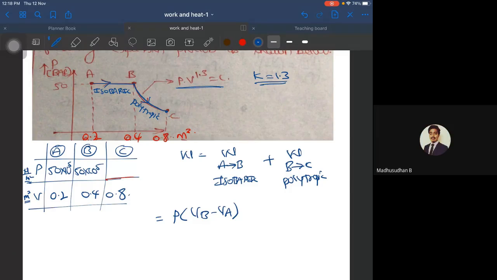Yes, sir. Okay. Now, what is the work done expression from 1 to 2, which is polytropic? (P1 V1 minus P2 V2) divided by (n minus 1). B to C is (PB VB minus PC VC) divided by (n minus 1).